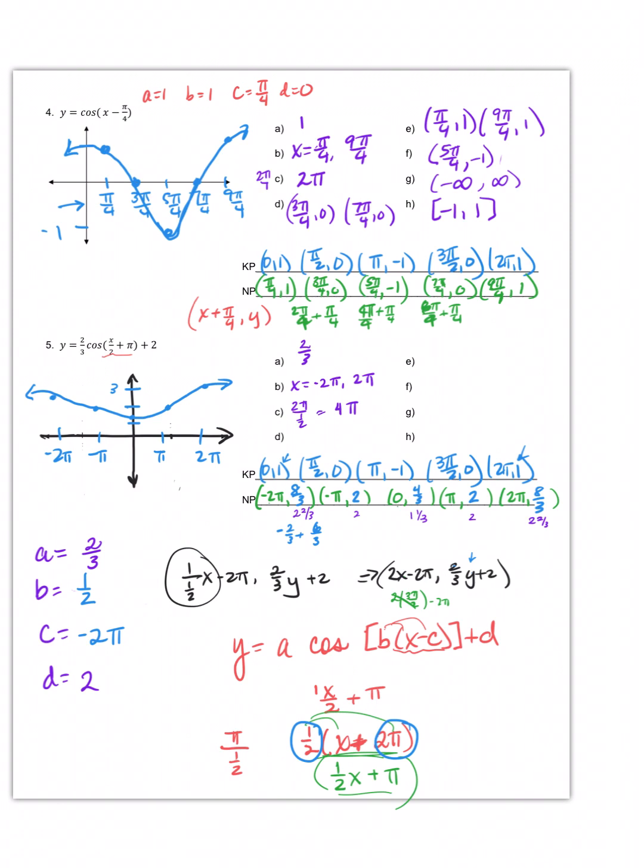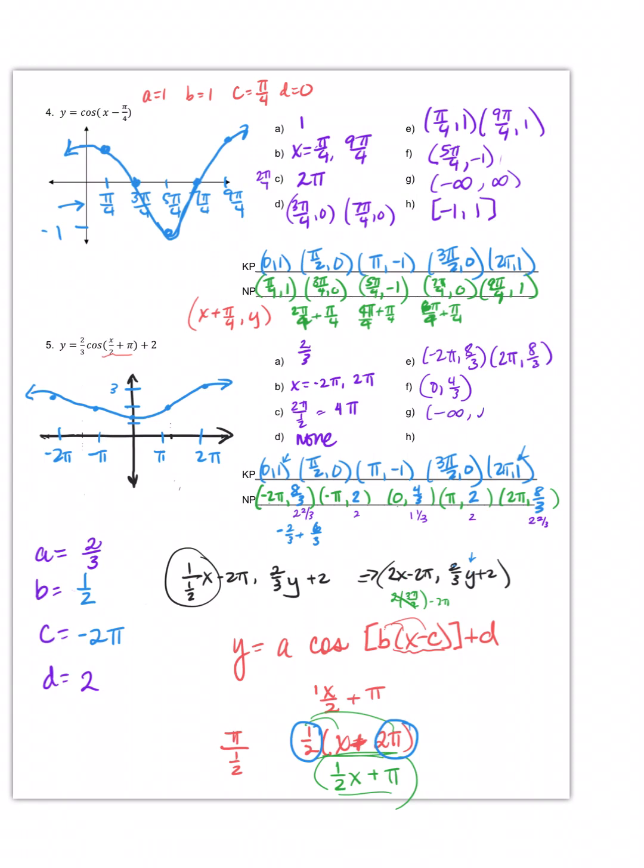D is our x-intercepts, but notice it doesn't touch our x-axis at all, so we would say none. E is maximums. Okay, maximums occurred where it was 8/3. That happened at -2 pi, 8/3, and then at +2 pi at 8/3. Our minimum is at 4/3, so that was at 0, 4/3.